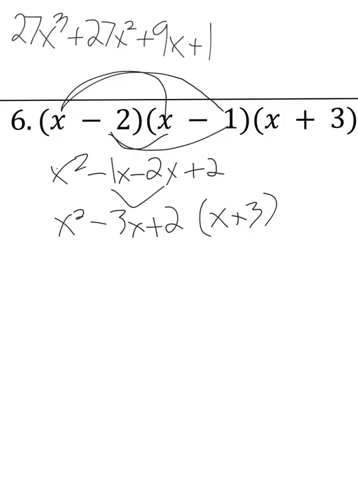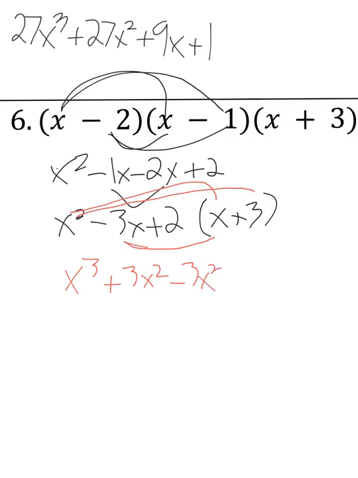Okay? So then I'm going to do x squared times x. So that's x to the third. Then I'm going to go x squared times 3, and that's going to be 3x squared. Then negative 3x times x, so that's going to be negative 3x squared. And then negative 3x times 3, and that's going to be negative 9x.